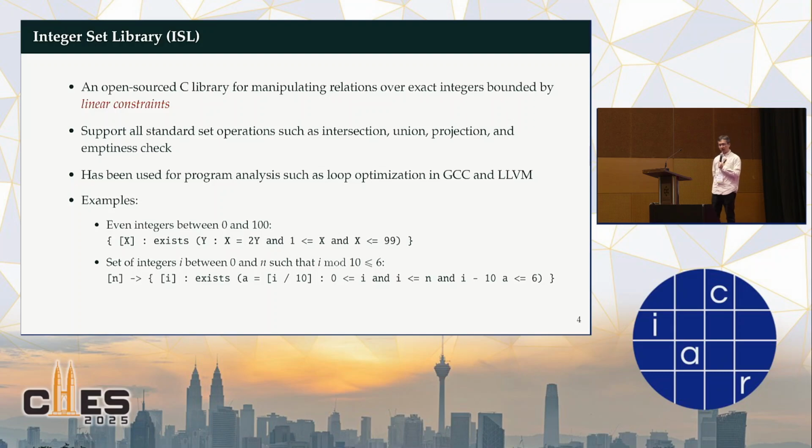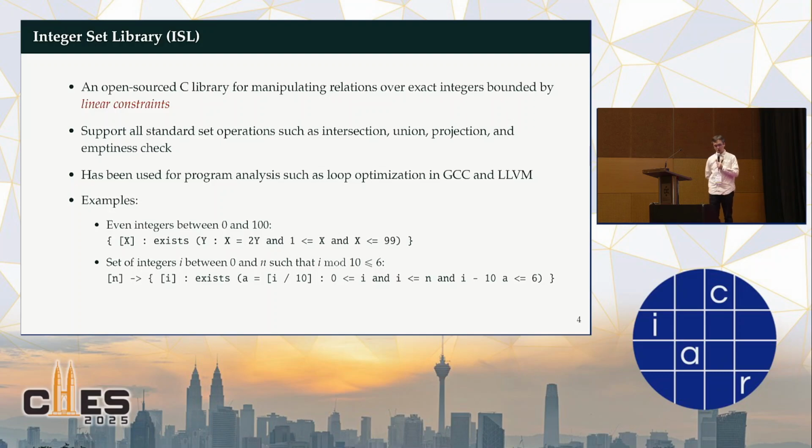So what is the ISL library? It's an open-source C library for manipulating relations over exact integers bounded by linear constraints. It supports all standard set operations such as intersection, union, emptiness check, and projection. This library has been used for program analysis such as loop optimization in GCC and LLVM.